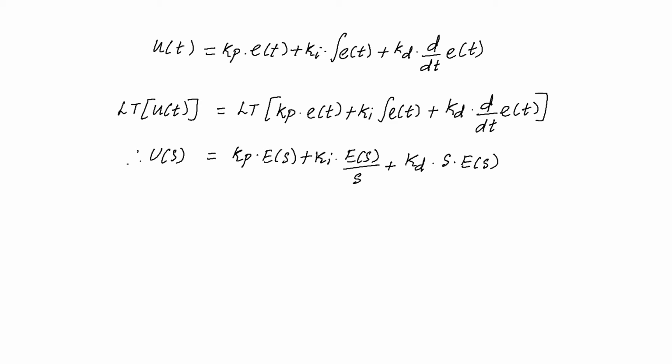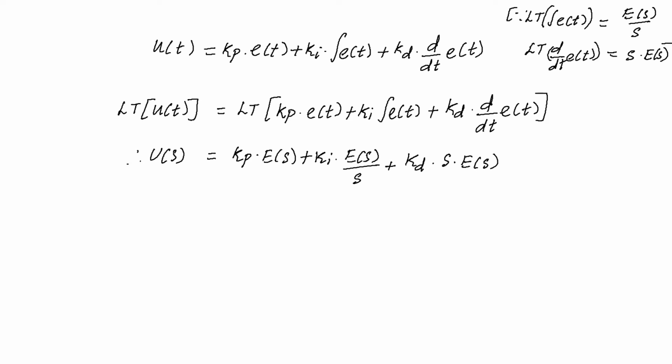Okay. So just remember the Laplace transforms. For the integration symbol, integral e of t becomes e of s divided by s. Good. Then the Laplace transform of d by dt of e of t becomes s times e of s.